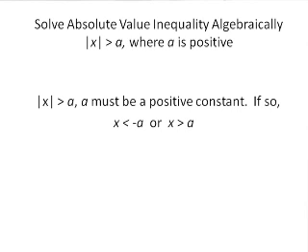Take out what is inside the absolute value and place that as the right-hand side of our two separate inequalities. The inequality with the less than is set to the negative of that constant, and the one with the greater than is set to the positive of that constant. You will always have two separate inequalities to solve, and they will be joined by the word or.